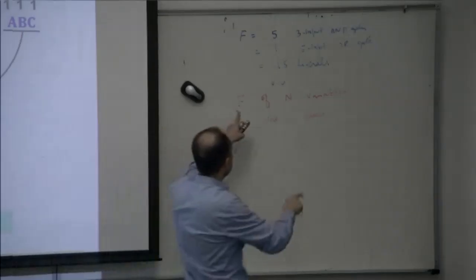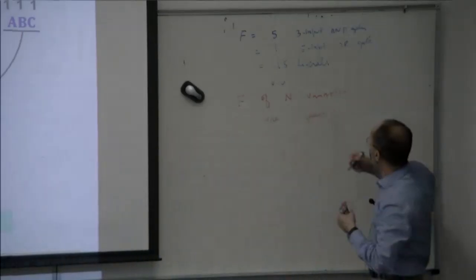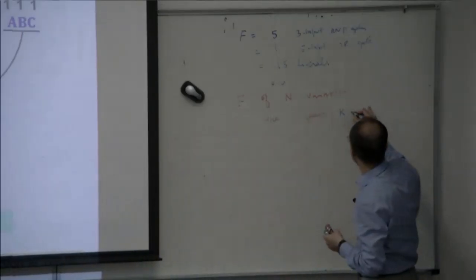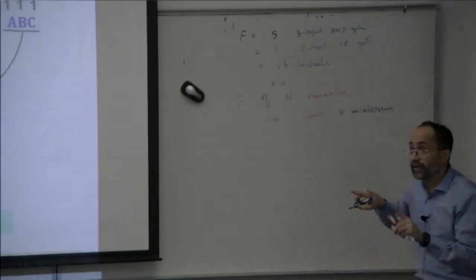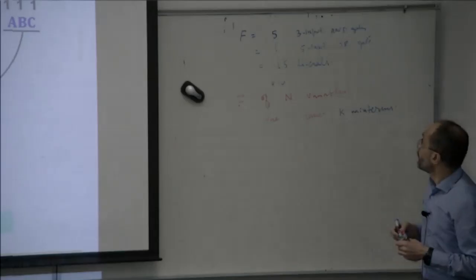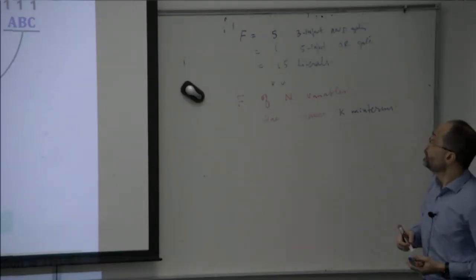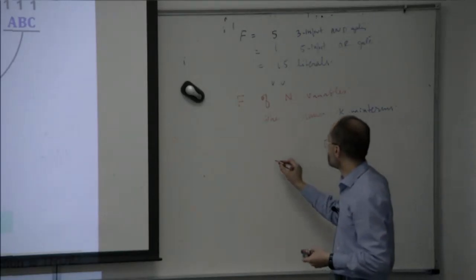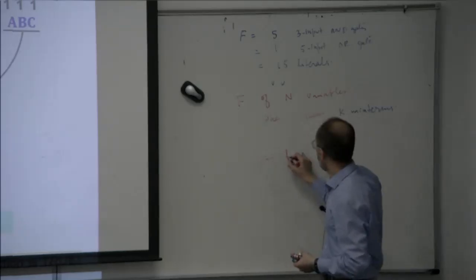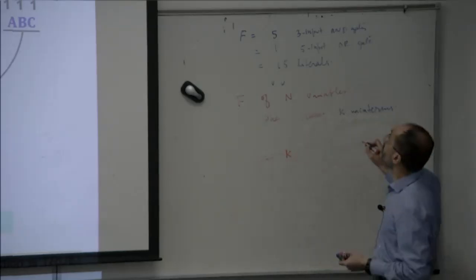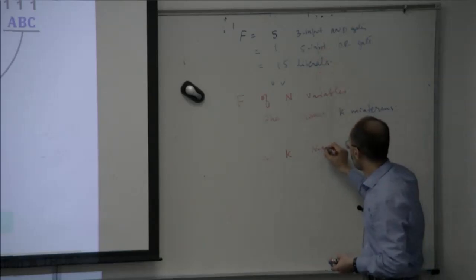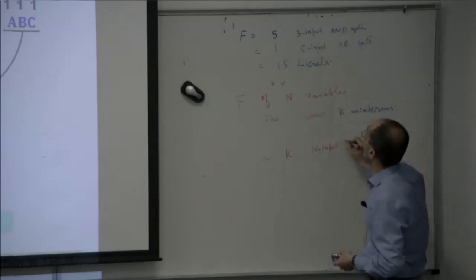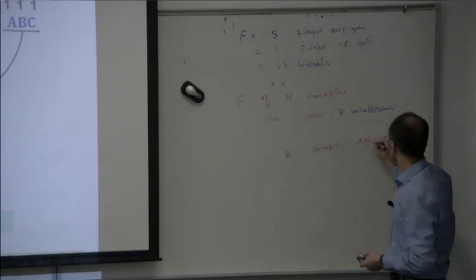Now if we have a function of n variables where there are k minterms, how many minterms? K minterms. How many AND gates do we require? K, n input AND gates.